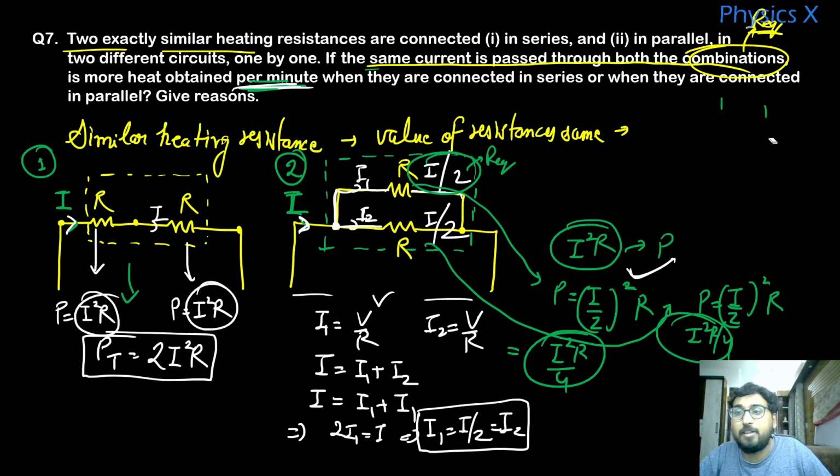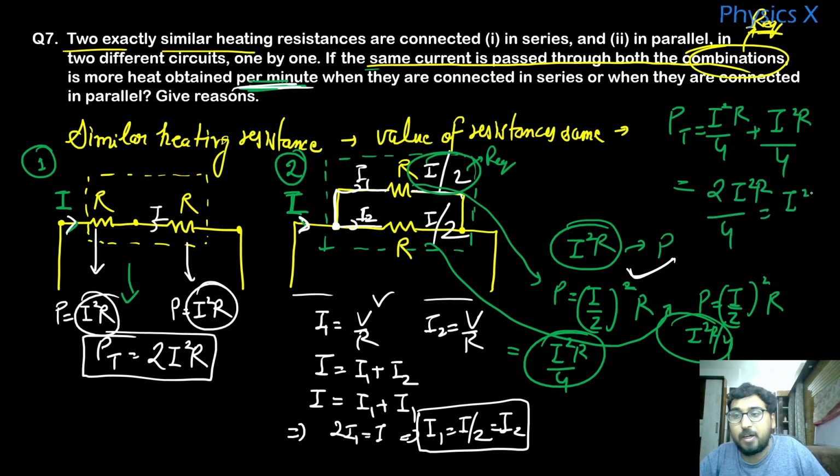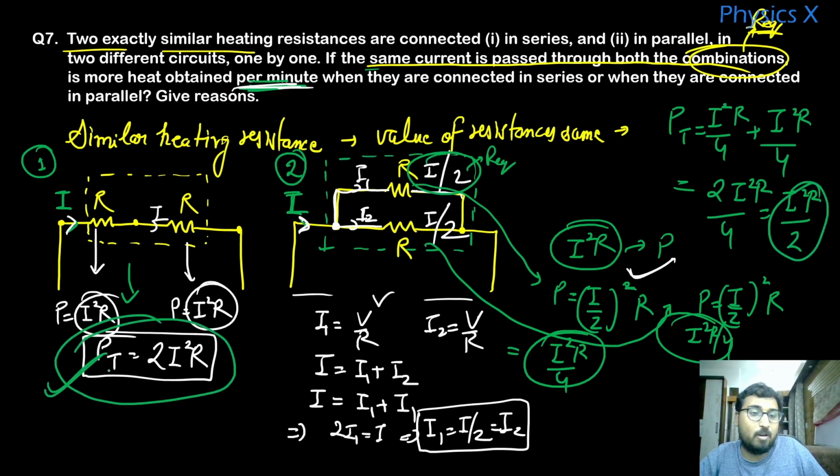You can clearly see that the power consumed in this parallel combination is coming to be less. The total power will be I square R by 4 plus I square R by 4, which is I square R by 2. In the series combination it was more power, and here it is I square R by 2. So this is less.